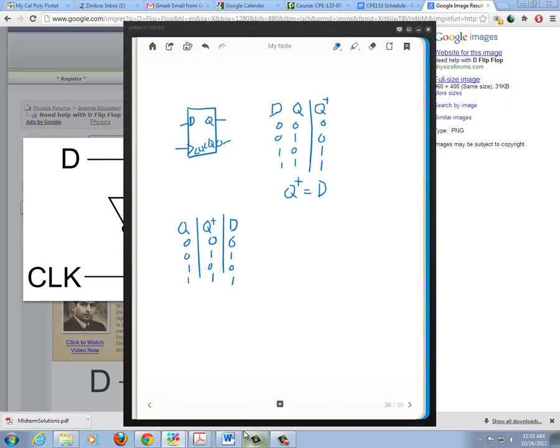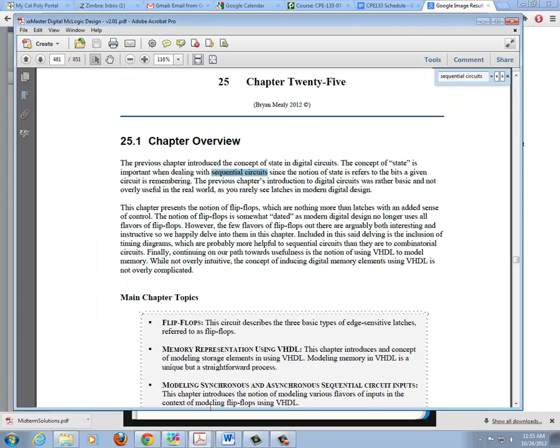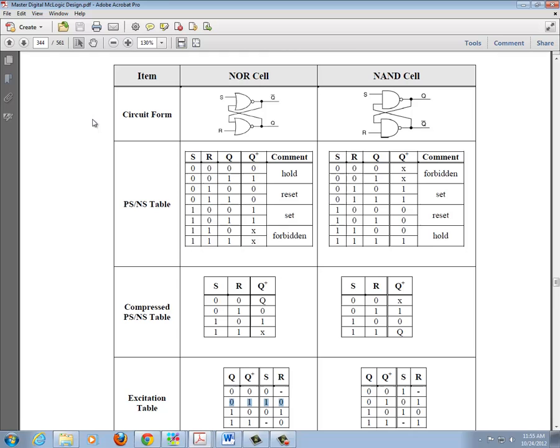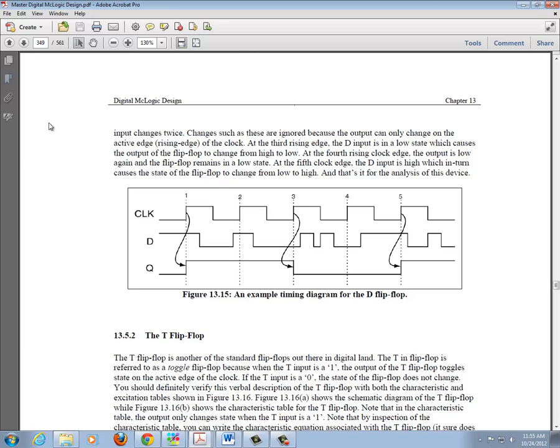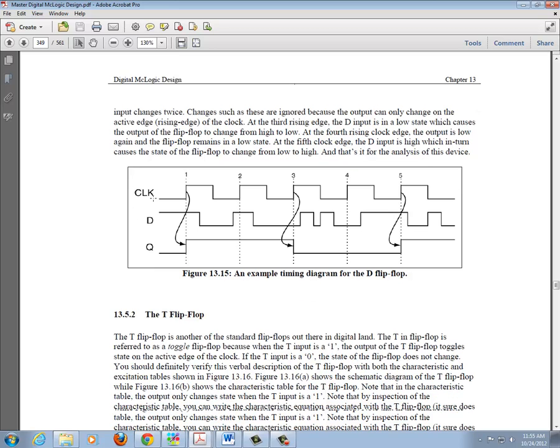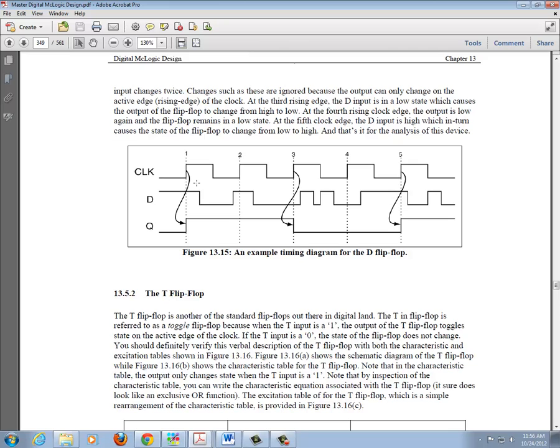Alright, so let's look at a timing diagram of how this flip-flop works. This is how you'll see where clock and edge sensitivity come into play. Okay, we're going to look at page 349. Alright, so here's a timing diagram of the D flip-flop. Now here's your clock signal.